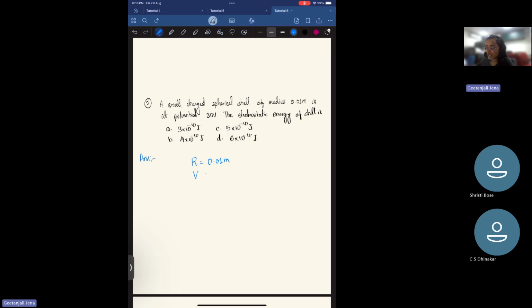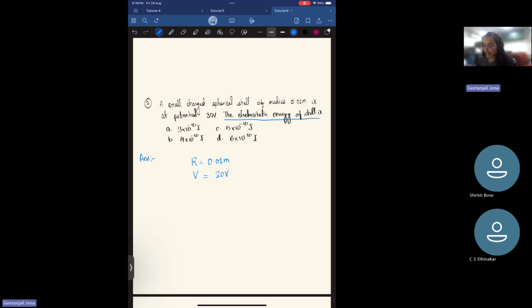It is asking you to find the electrostatic energy of the shell. So I think if you know the formula, it's easy to guess the answer for this problem.